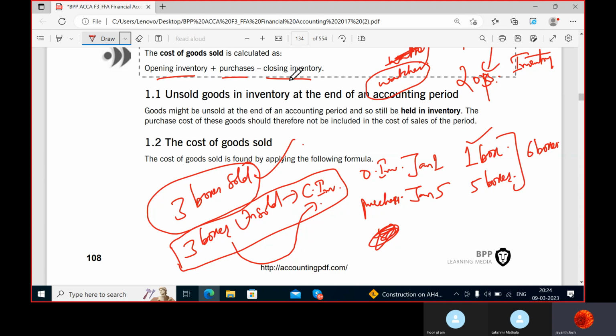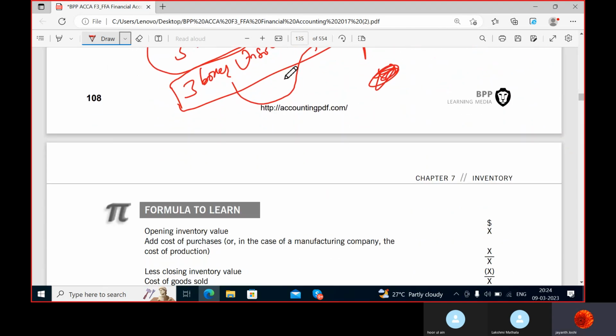Then why I'm asking a question, why do we subtract closing inventory here? Why? So let's say we bought 100 boxes at the rate of $10.